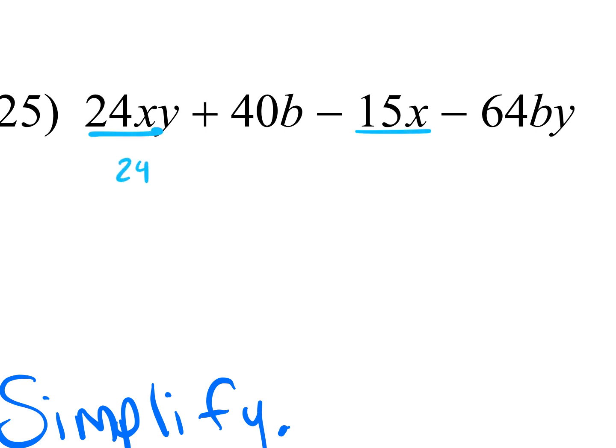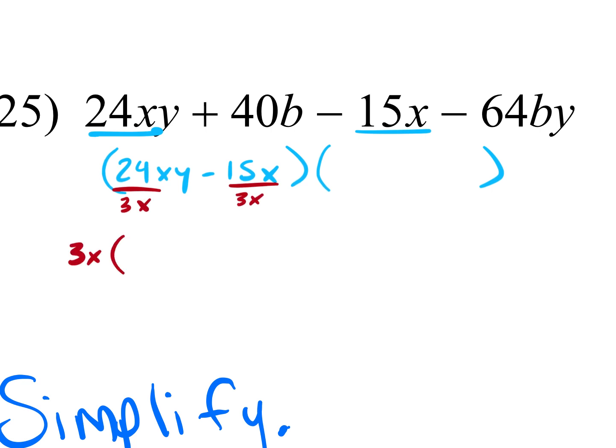So I have 24xy minus 15x. And then my second group, I'm going to group the other 2, but notice how in my first group, what's my GCF going to be? 3. 3x. So when we take out a 3x, what are we left with? 8y minus 5.